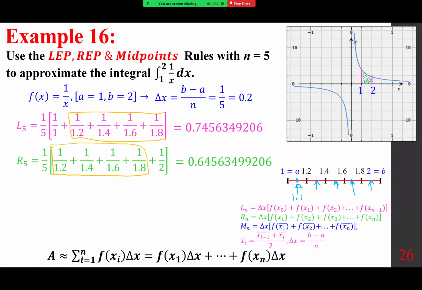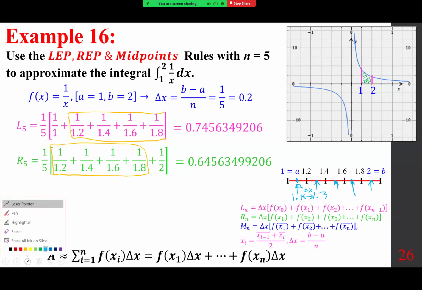And I hope you recognize 1.2 and 1.4, in between is 1.3. Just add the same delta x, which is 0.2. So if this is 1.1, this is 1.3. This is 1.5. This is 1.7. This is 1.9. Just add 0.2.